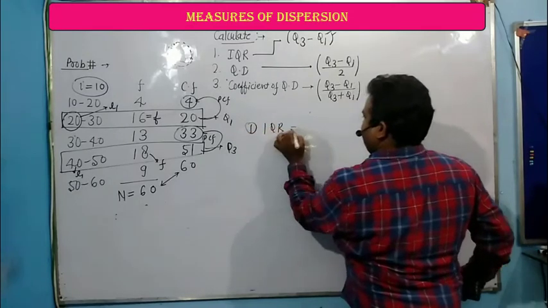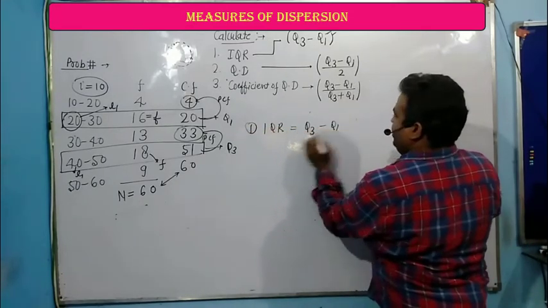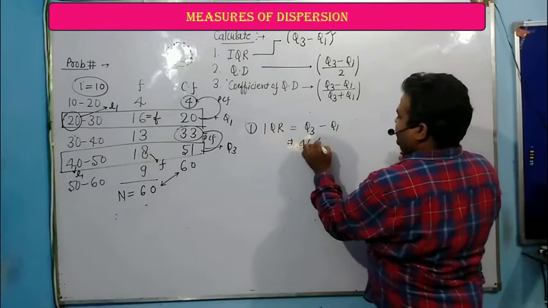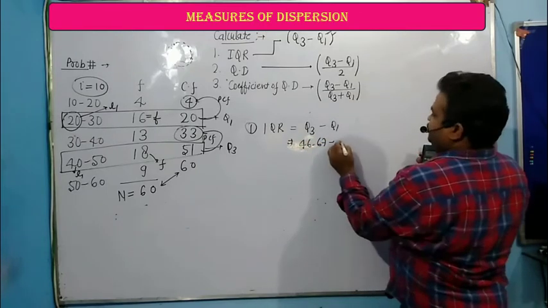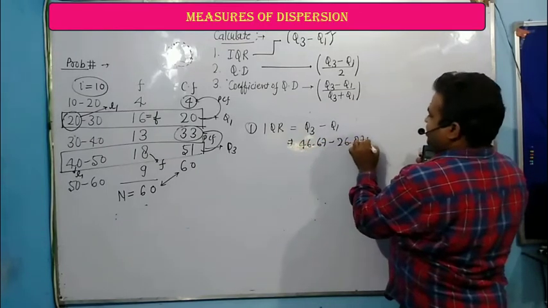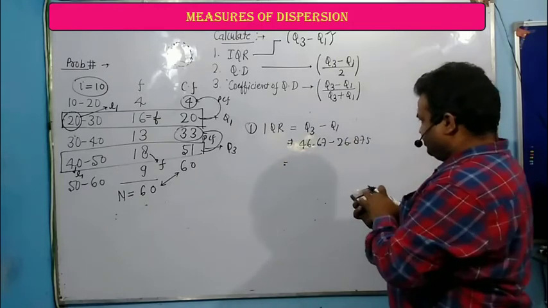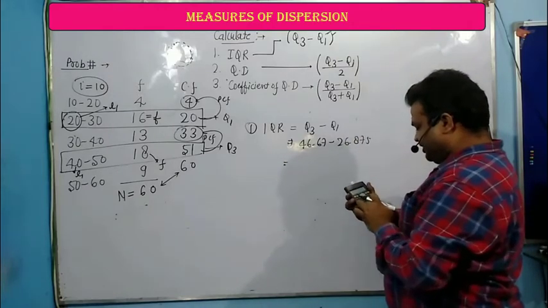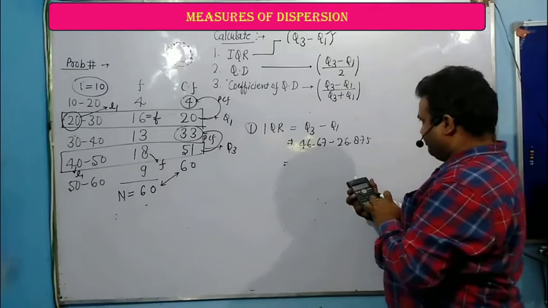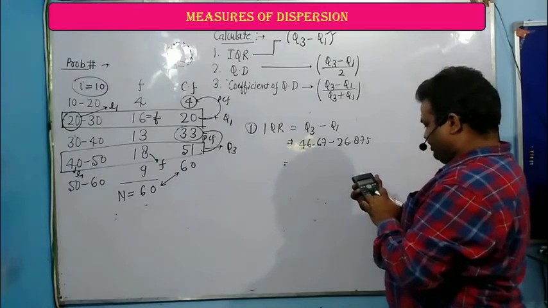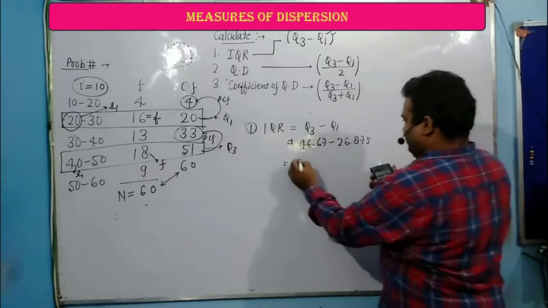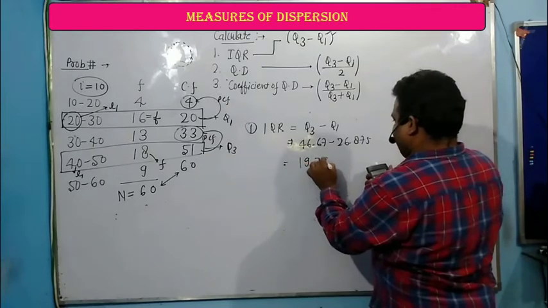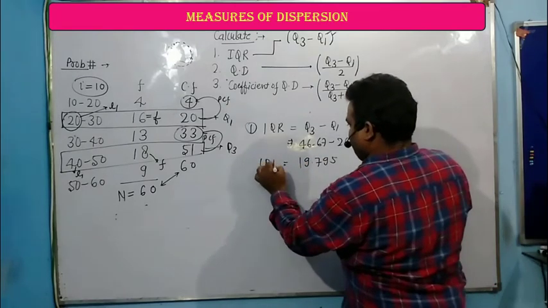The first calculation is Q3 minus Q1. The Q3 value is 46.67 and the Q1 value is 26.875. So when you subtract this, 46.67 minus 26.875, you will get 19.795. So this is your interquartile range.